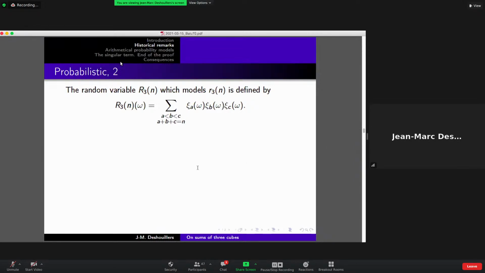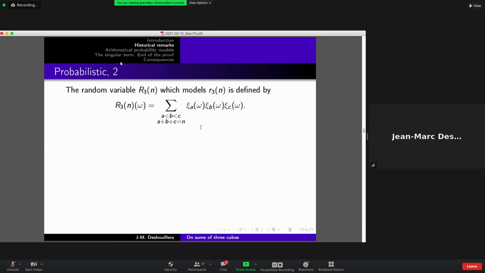So we consider also the random variable R3 of n, which models little r3 of n, defined by this. It's again not a big deal if you prefer to allow something which is equal, and show that this counts for almost nothing. Of course, it is this because when you say that n is a sum of 3 elements A, B, C in your sequence, let us call them pseudo cubes, a sum of 3 pseudo cubes, then it means that psi A of omega has to be equal to 1, psi B of omega has to be equal to 1, and psi C of omega has to be equal to 1.